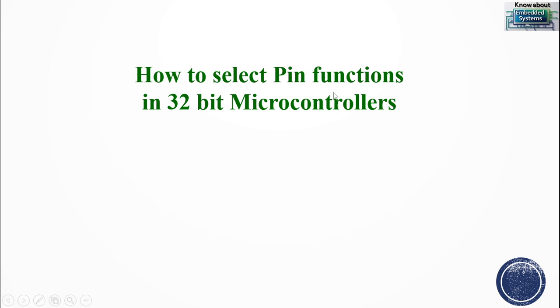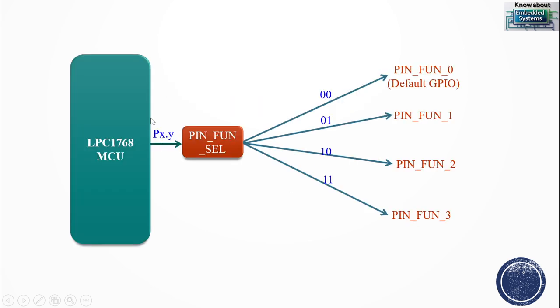How to select pin functions in a 32-bit microcontroller. Usually, if you take any 32-bit microcontroller, for example the LPC1768 microcontroller, each port pin will have multiple functions. For example, if you take port 0.0, you will have 4 functions.